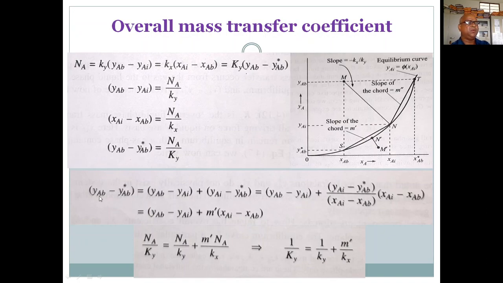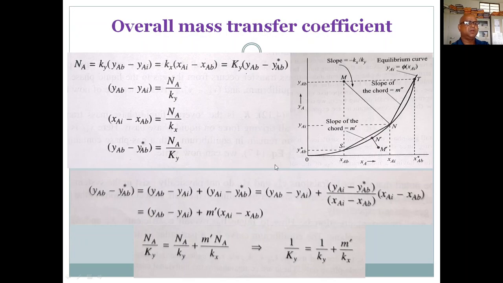Now I can write Y_AB minus Y_AB star equals Y_AB minus Y_i plus Y_Ai minus Y_AB star. I can write this minus this equal to this minus this plus this minus this.